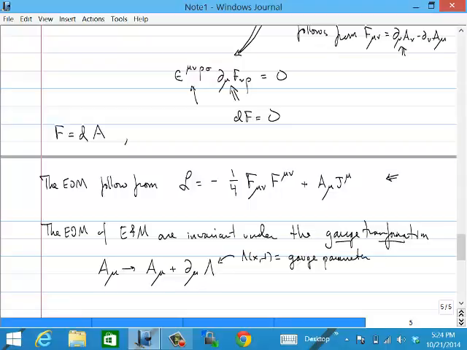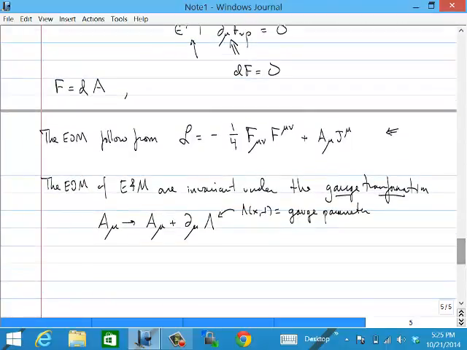And you take its derivative and you add it to A, and then miraculously it turns out that Maxwell's equations are unchanged. In fact, this is very easy to see, because under this transformation, well, F_mu nu was the derivative of A, but you had that anti-symmetric combination of mu and nu.